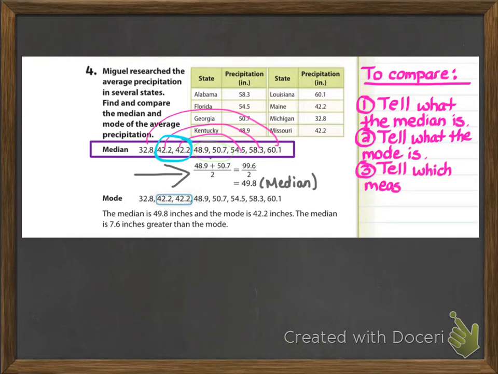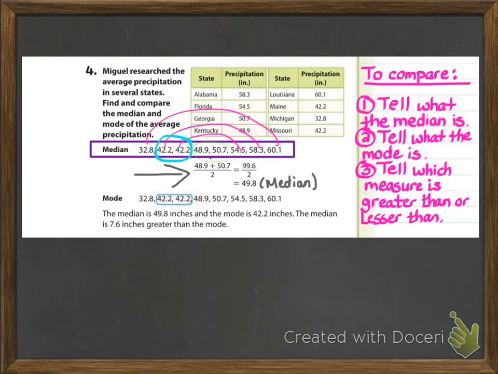Number 2, you have to tell me what the mode is. Now, we just found the median, 49.8, and we found the mode, which is 42.2. Once you tell me what the median and the mode is, now do that actual specific comparing. When you're comparing numbers like I mentioned earlier, you're going to tell me which number is greater than or which number is less than the other.